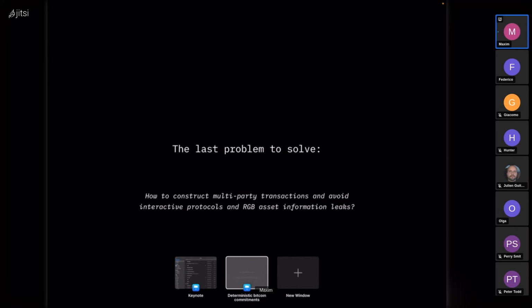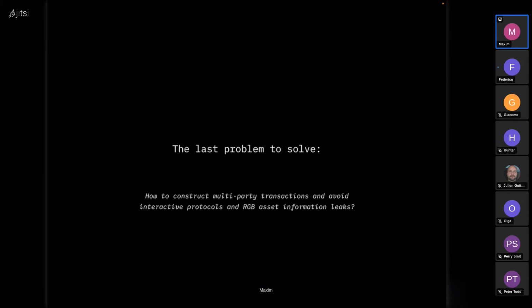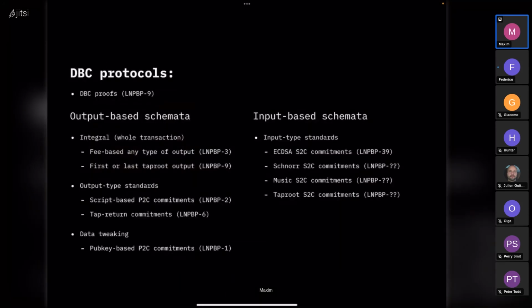If you have the choice of using op return or tap return commitment scheme, you are not limited to the tap return commitment scheme, and you are not restricted to having Taproot support. So that will be one of the advantages. If you want to quickly build an RGB compatible wallet using maybe some libraries that still don't support Taproot, or for whatever reason you want to avoid Taproot in the short term, you could do it.